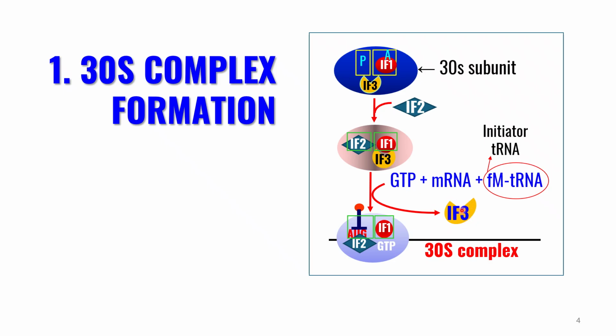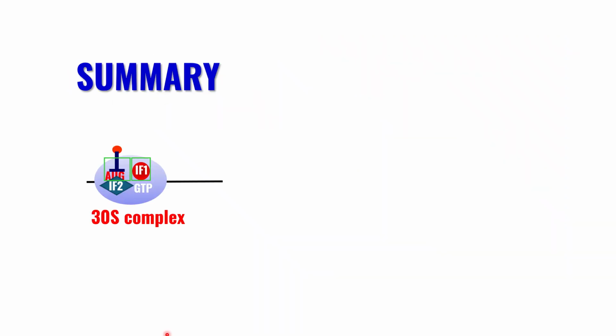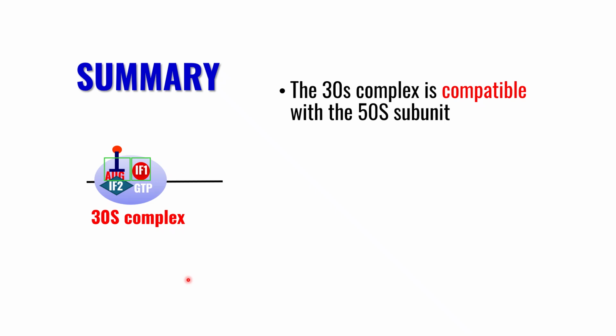Therefore, it inhibits the formation of the initiation complex. Therefore, the 30S complex without IF3 is now compatible with the 50S subunit to form the 70S initiation complex.